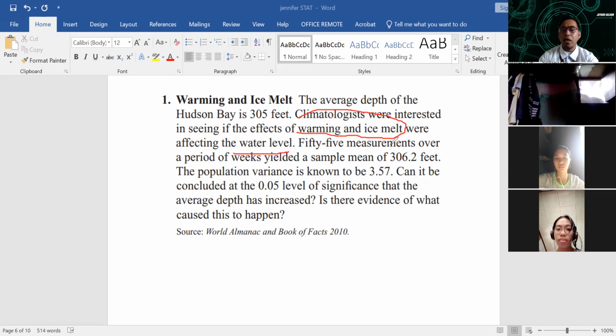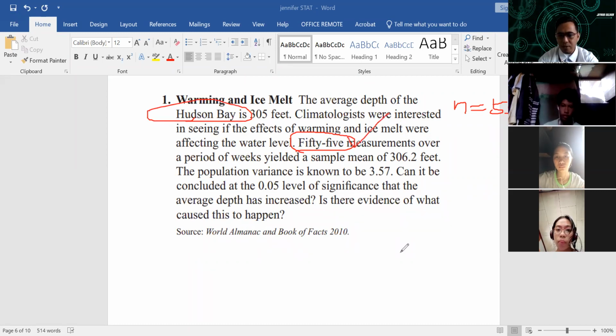Does warming and ice melt affect the water level in Hudson Bay? In their study, they measured 55 times. So our N here is equal to 55. They went to Hudson Bay and measured it 55 times. Okay, they have 55 data points.